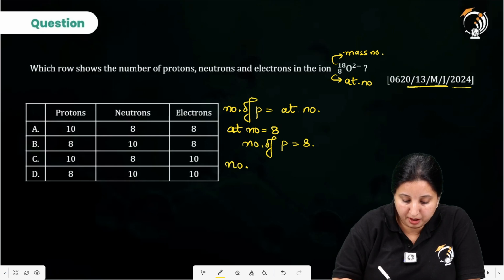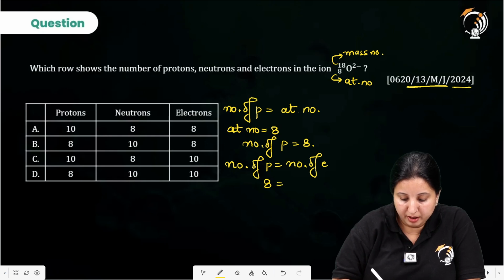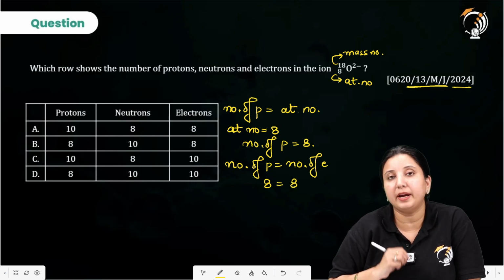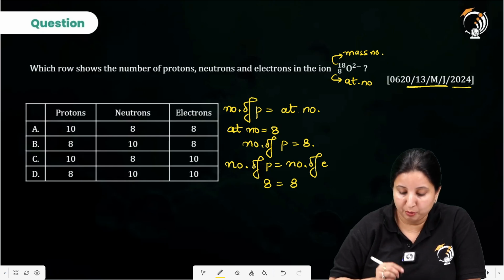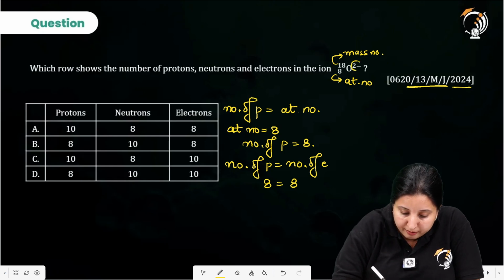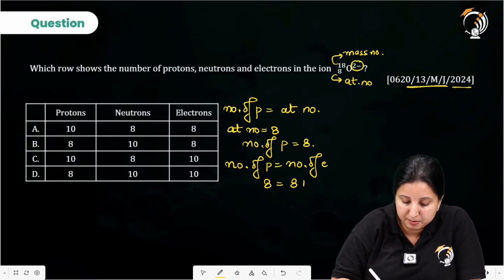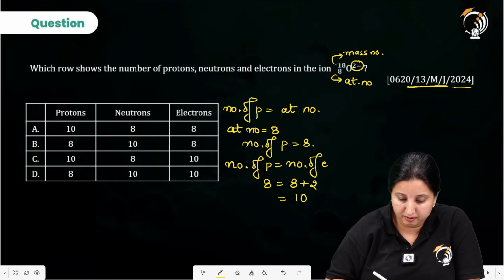Now number of protons is equal to number of electrons. So number of electrons should be 8, but they are not going to be 8. Why? Because over here we are having a charge of 2 minus, means we are going to add 2 over here. So it is the 10.